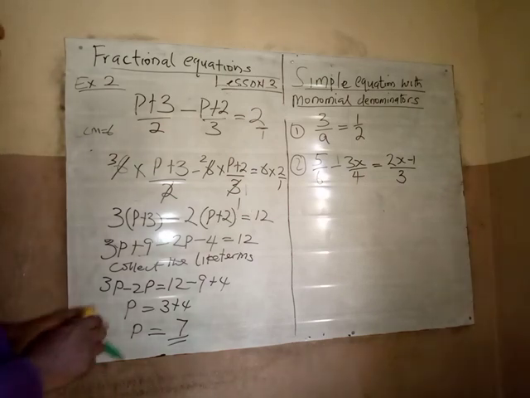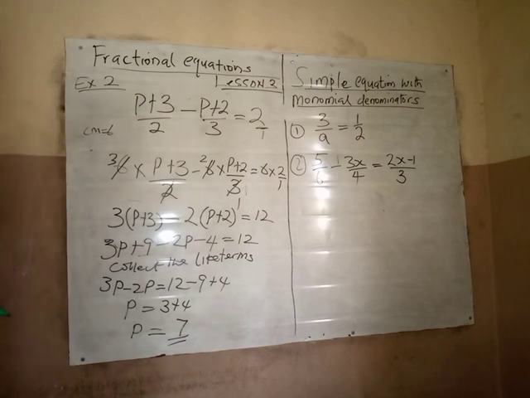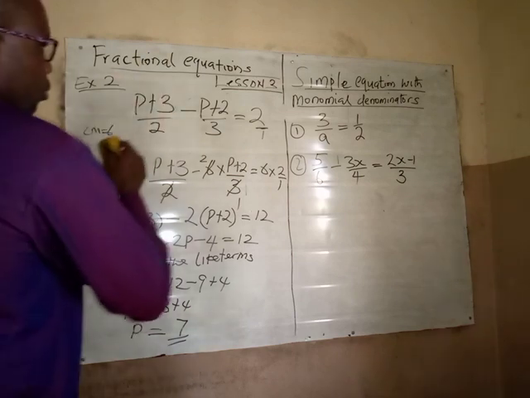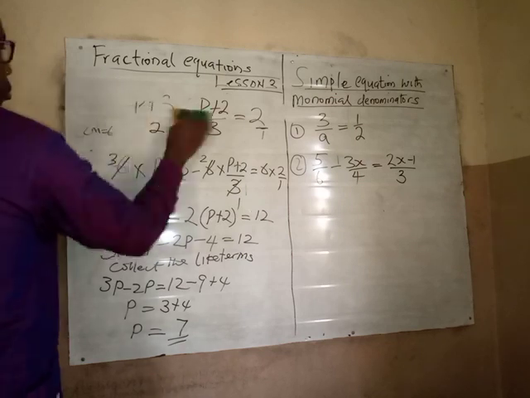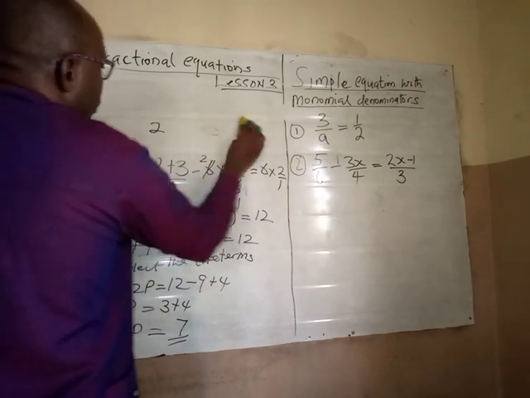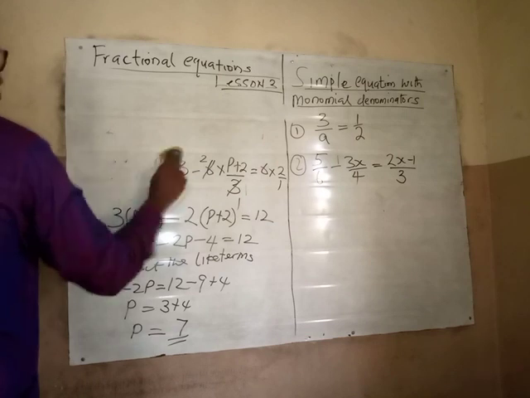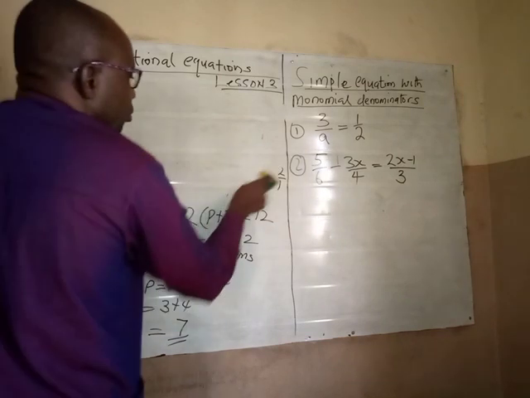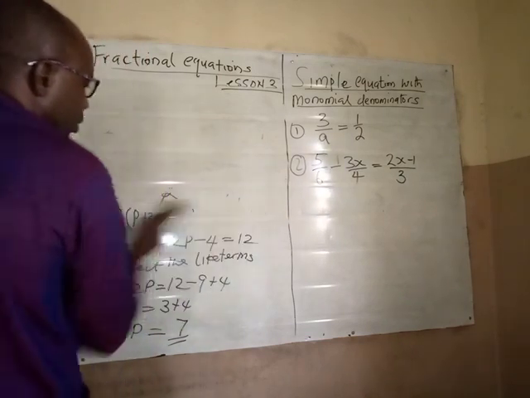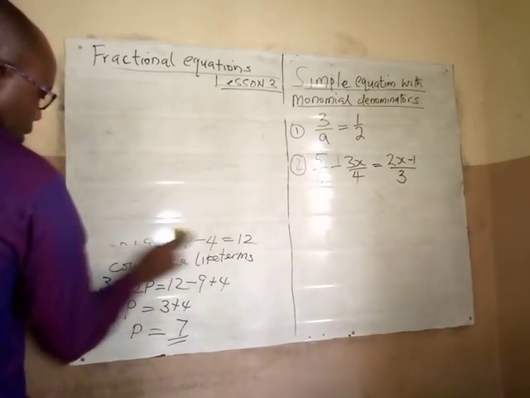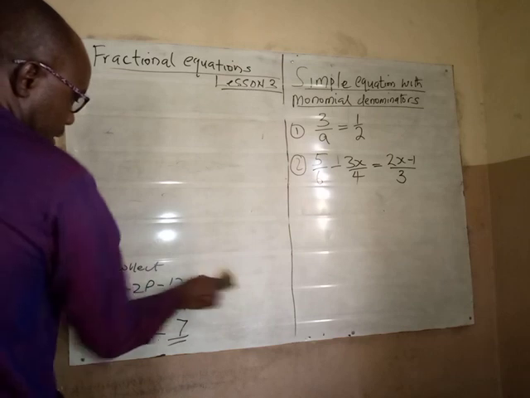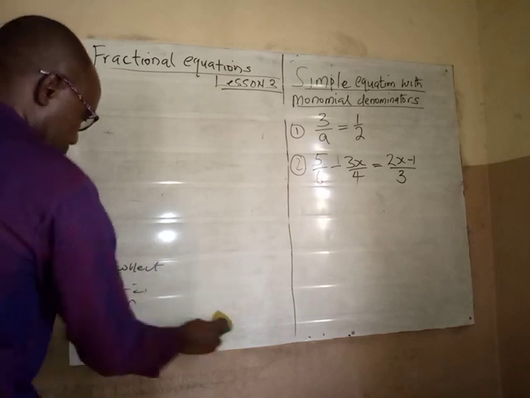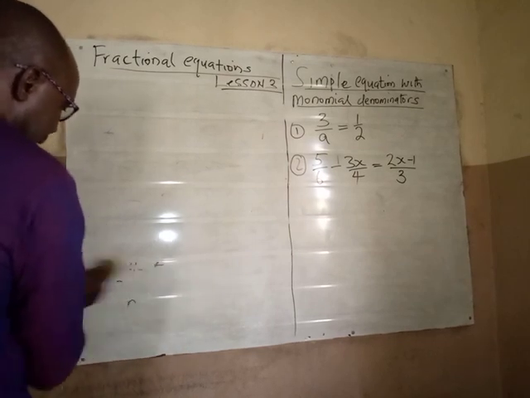But there's another area I want us to look into, which is simple equation with monomial denominator. And what is this monomial denominator? Monomial denominator is when the denominator is more than one item.